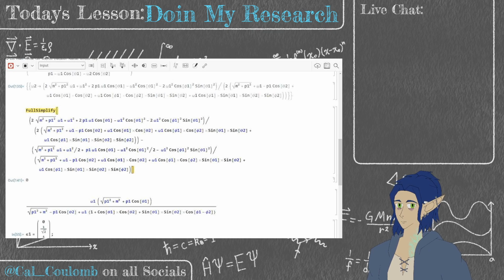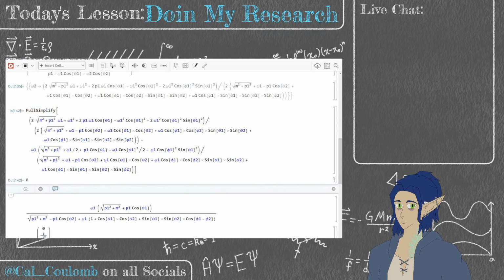Let me factor out an omega 1 in the numerator. Hopefully that'll put it more in the form that we have here, because you can see that we have this omega 1 factored out here. So just get rid of that. Okay, still the same.